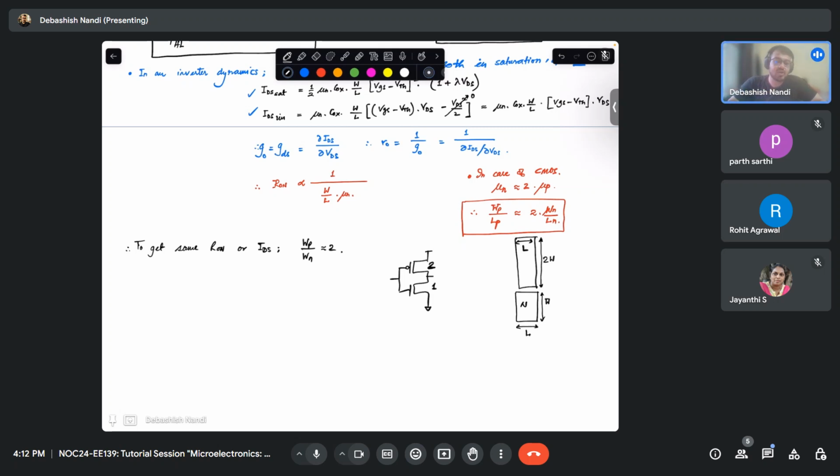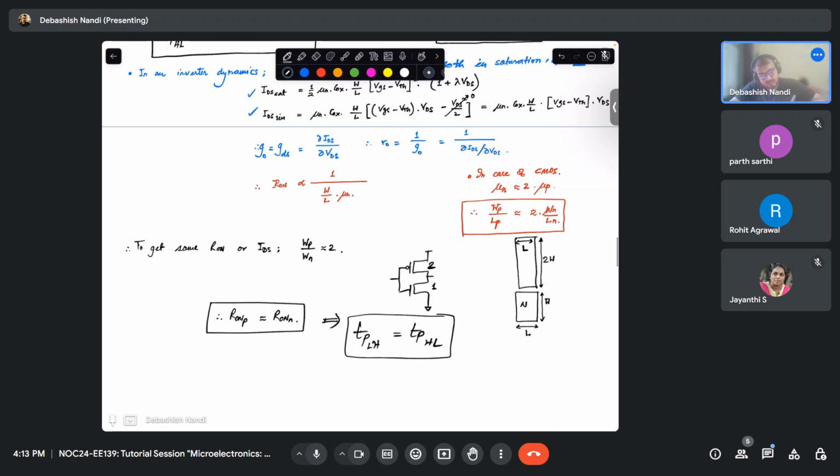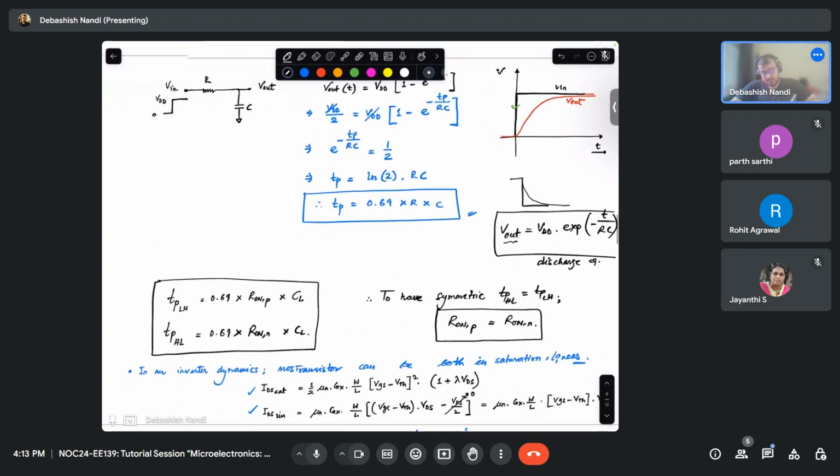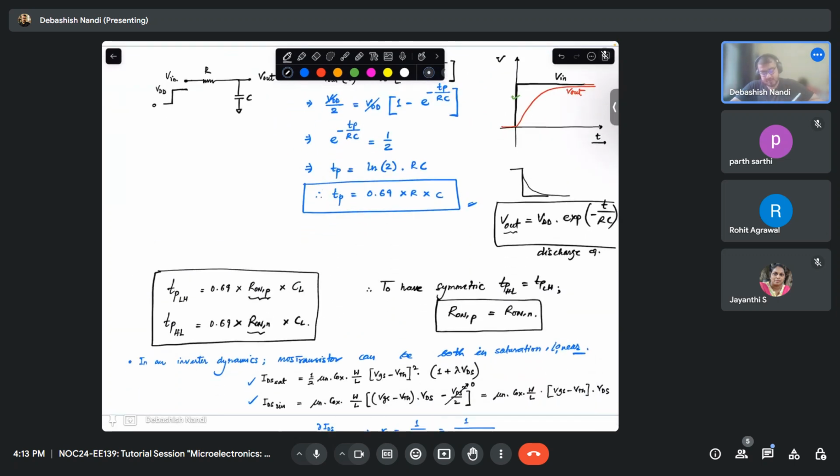Why? Because you want to have your area higher. By having your area higher, you can get your same R on, and this leads to R on P equal to R on N. That will translate to TPLH is equal to TPHL from this equation.